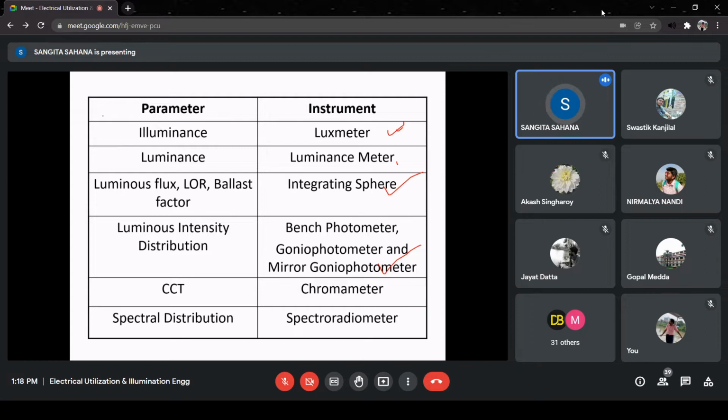So these are the important parameters which we need: Lux meter for illuminance, luminance meter for luminance, integrating sphere for luminous flux, goniophotometer, bench photometer for luminous intensity, chromameter for CCT, and spectroradiometer for the SPD. So among these, you have seen the spectrometer and chromameter, right?